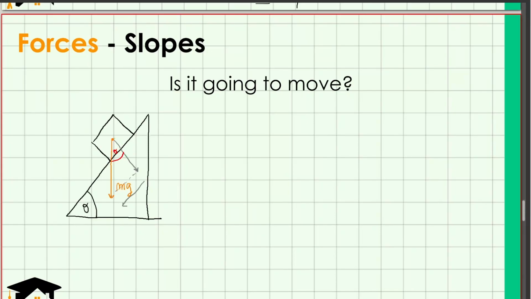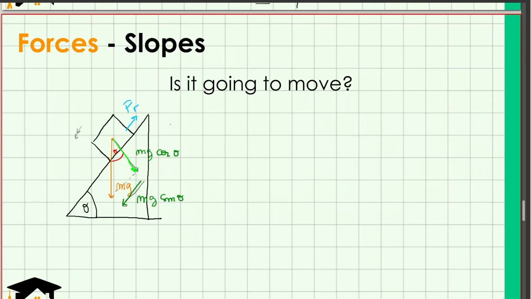Therefore, this force here is adjacent to theta, so it's going to be mg cosine of theta, and this other one is going to be mg sine of theta. Now I'm assuming that the motion of this object is going to be downwards, and so the friction will be upwards.